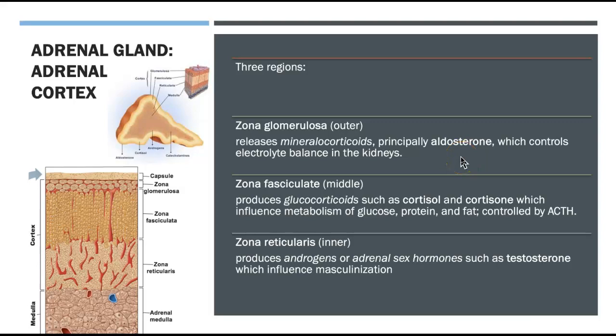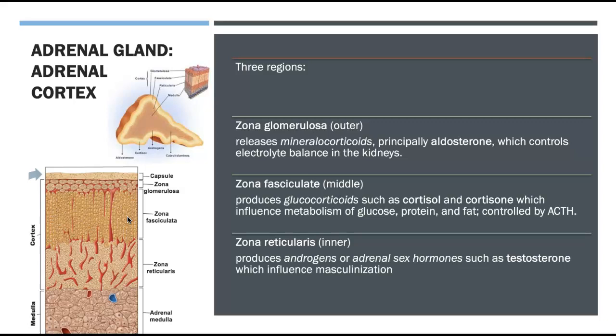Next area is the zona fasciculata, and this is going to produce glucocorticoids such as cortisol and cortisone. And so that will help us influence our metabolism of glucose, protein, and fat. And this is controlled by ACTH, which was released from the hypothalamus.